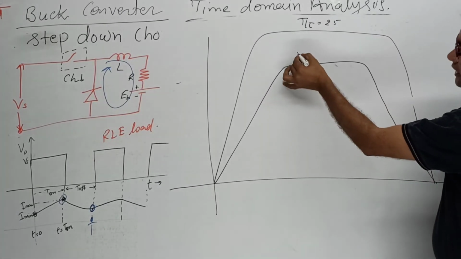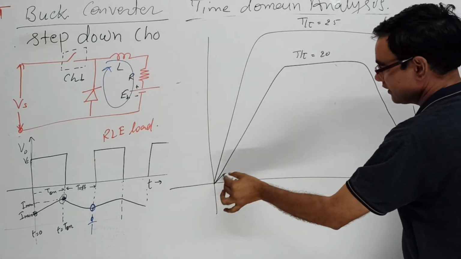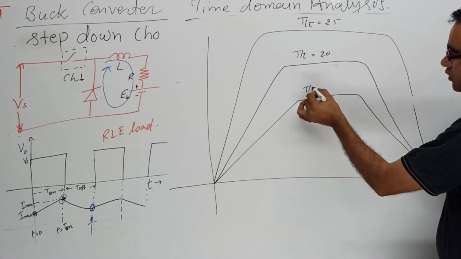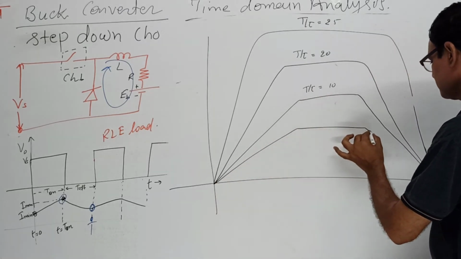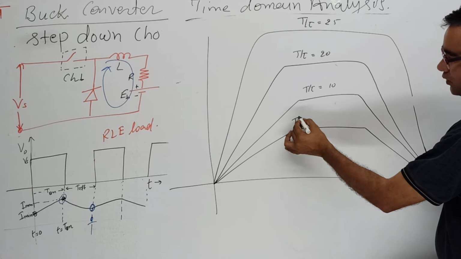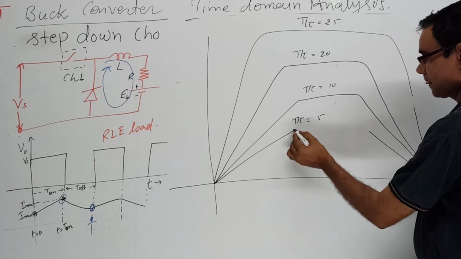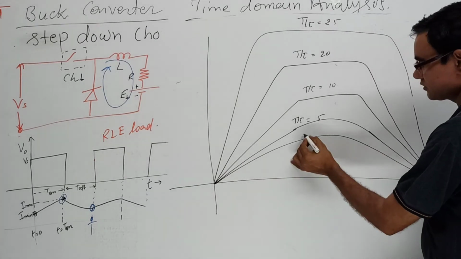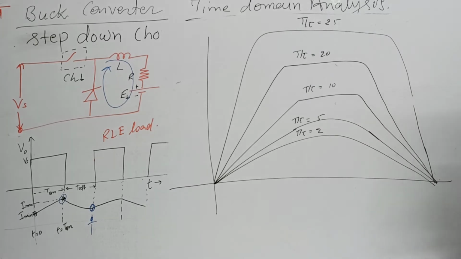When t by tau is equal to 20, it is like this. When t by tau is equal to 10, it is like this. When t by tau is equal to 5, it is like this. If the t by tau is 2 or 1.